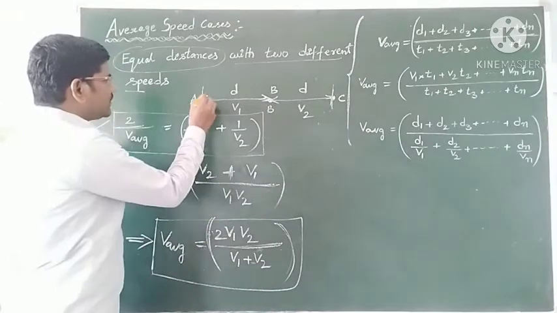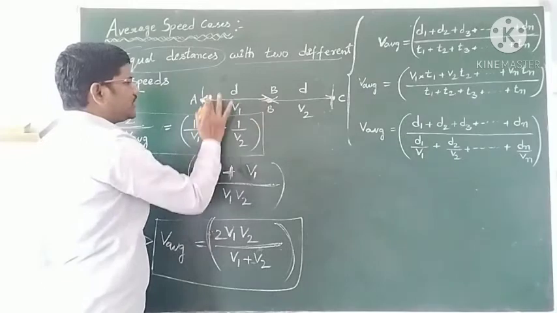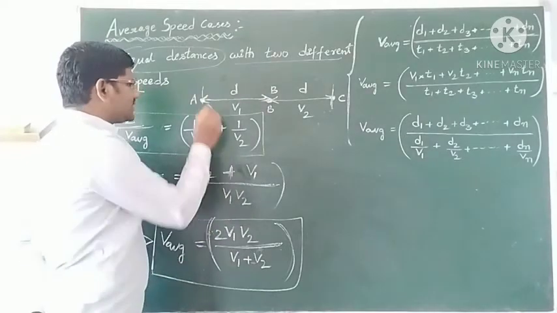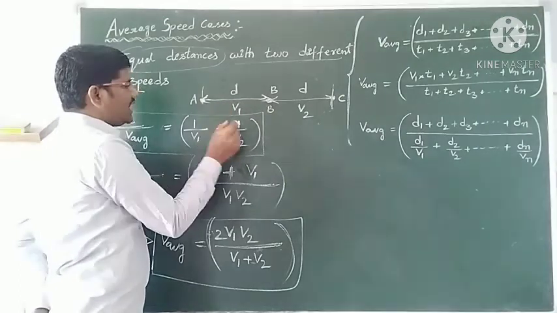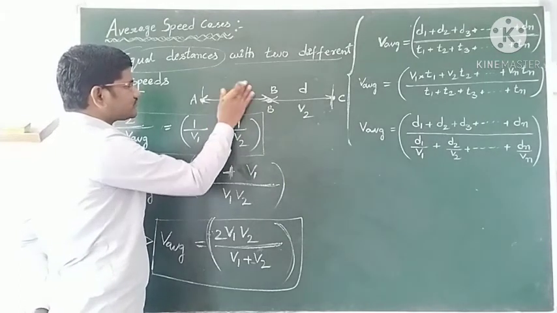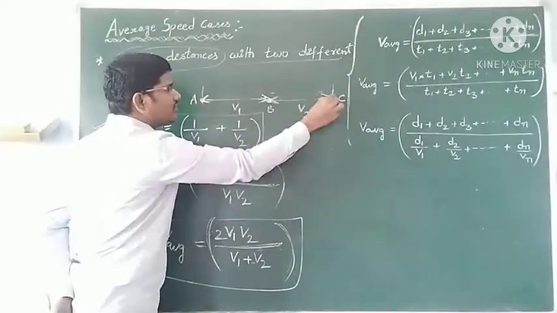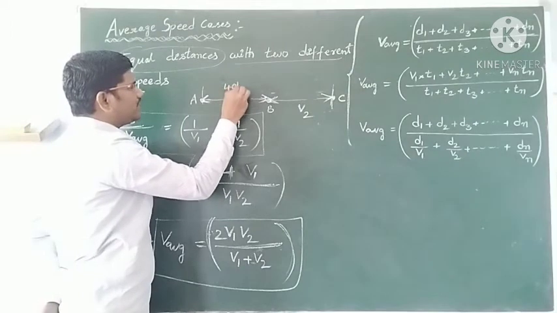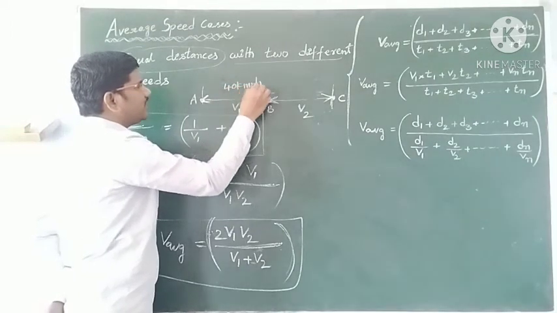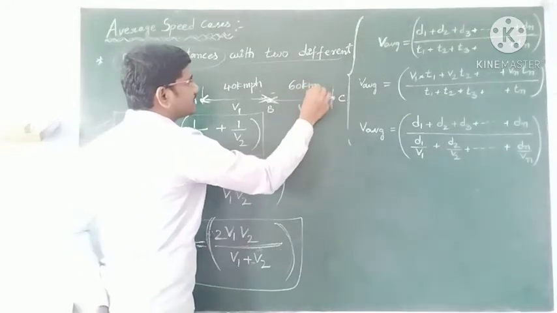So for example, see, town A to town B, a car from A to B. That is A to B, equal distance, same distance with the speed V1. Equal distances: A to B distance is the same as B to C distance. A to B with 40 km per hour, and B to C with 60 km per hour.